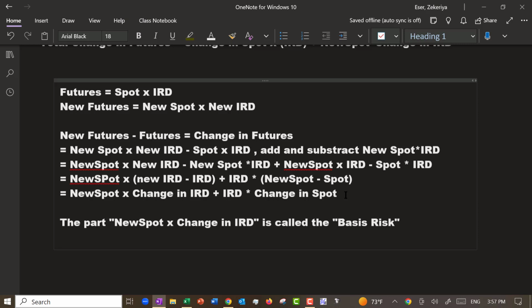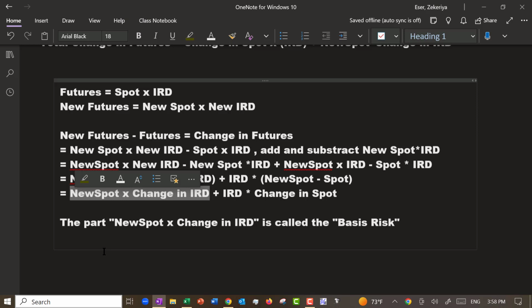Basis risk generically means the change in the value of the futures contracts that is due to things that have nothing to do with the underlying security. In this case, foreign exchange. So even if spot rate doesn't change at all, value of the futures contract can change because the interest rate differential changes.